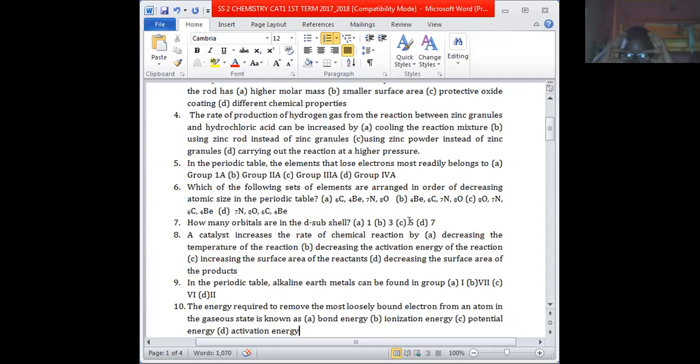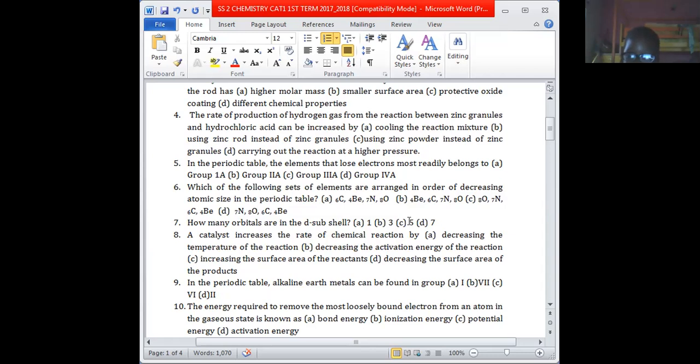C, carbon. 4, 6, 7, 8, 8, 7, 6. Atomic size, Be. Decreasing is from highest to the lowest, right? Yes. Okay, correct. Number 7.